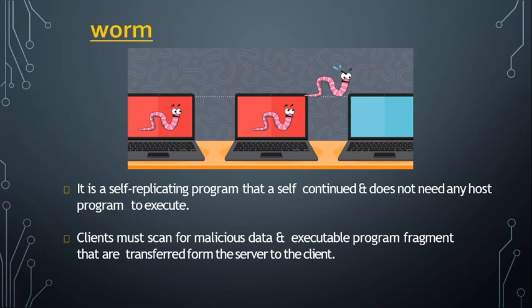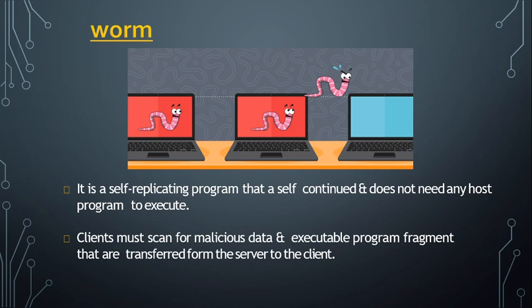The third one is the worm. This is a self-replicating program that is self-contained and does not need any host program to execute. Once it is inserted into your computer system, it will self-replicate, move on, and do its own activities, and it doesn't need any host to execute its actions. The client must scan for malicious data and executable program fragments that are transferred from the server to the client.